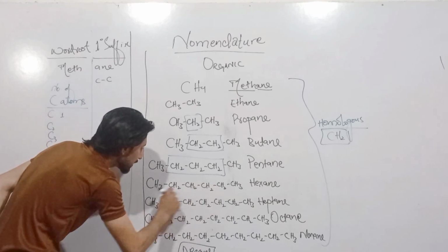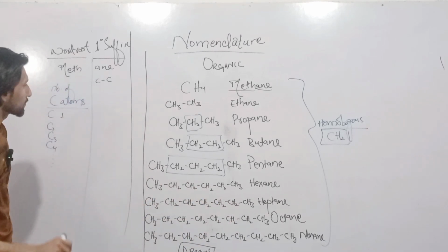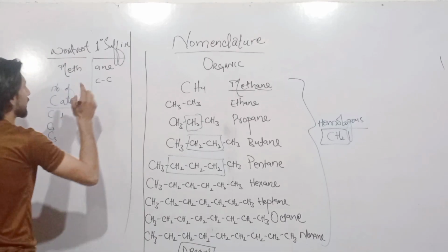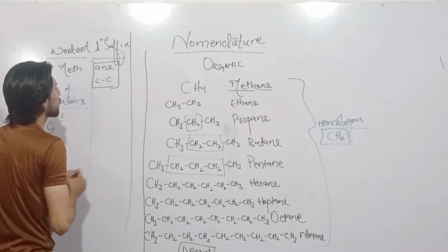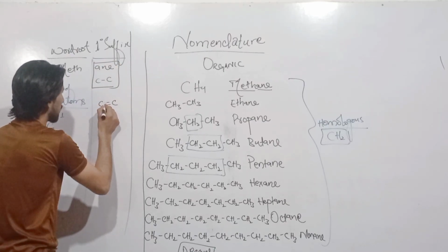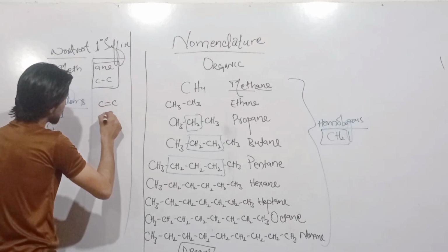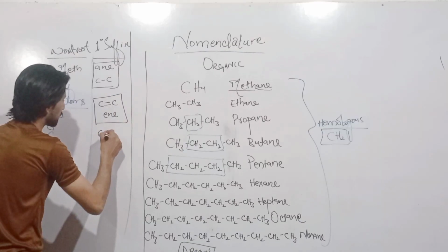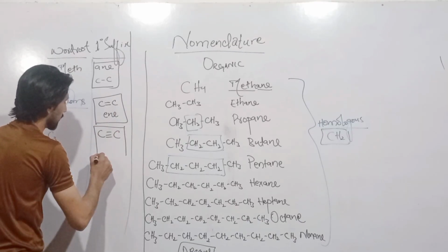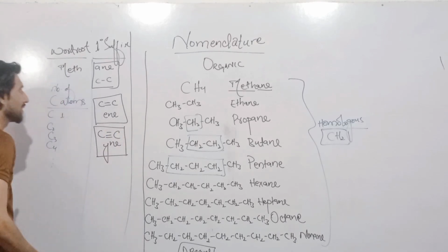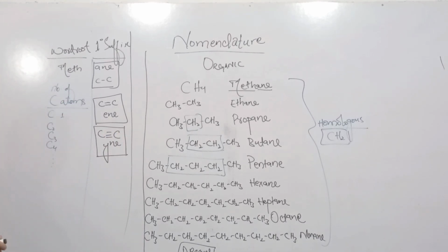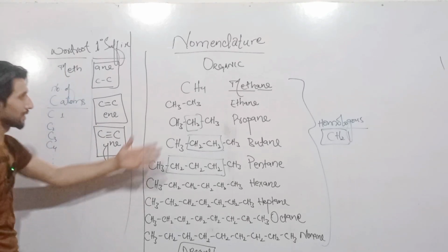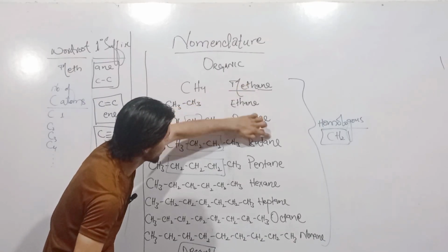This bond is single, this is single, all the bonds are single. So for such compounds, we will write ane. If there was a double bond present between carbons in a molecule, we would use ene for them. And if there was a triple bond present between carbons in a molecule, we would use yne for them. So the primary suffix differs according to the bonding in carbon. If it is single, we use ane as in these cases. So this remains the same, ane.